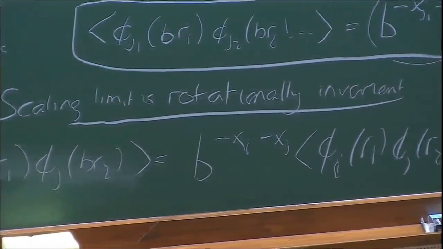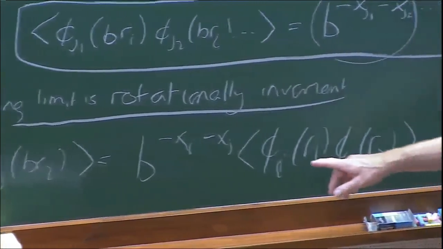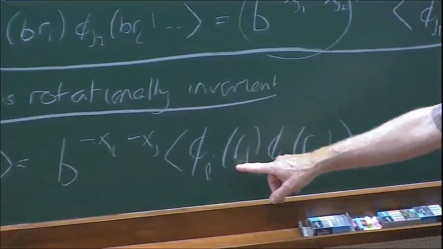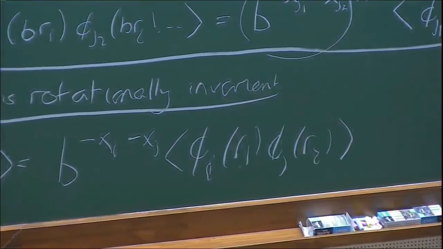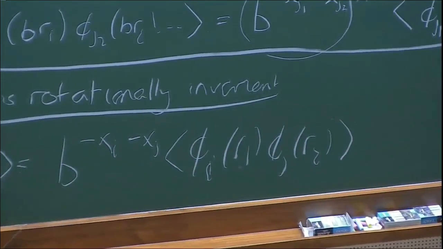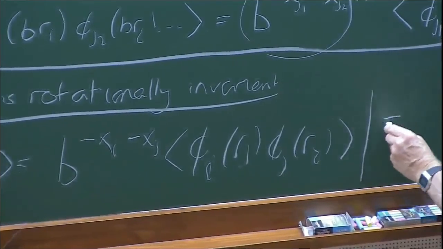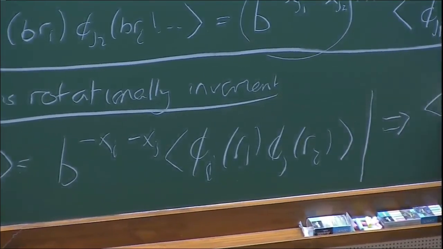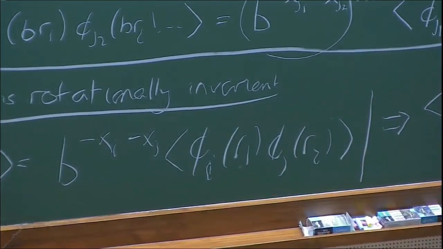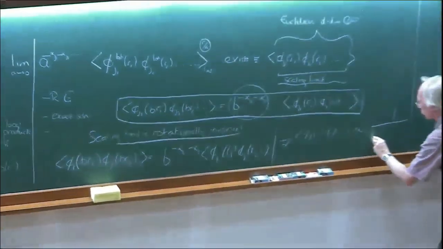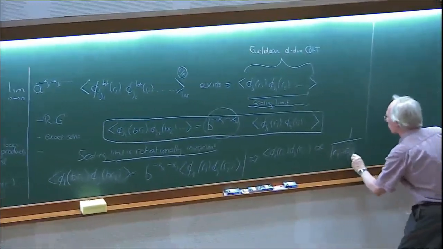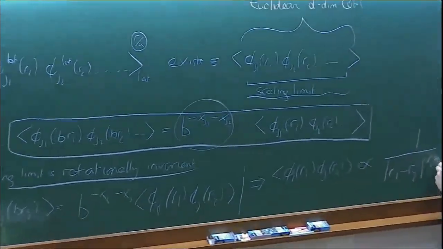Because of translational invariance, this is a function only of R1 minus R2, and by rotational invariance, it is therefore a function only of the distance. And this scale covariance then tells you that the two-point function phi I of R1, phi j of R2 is proportional to 1 over the distance |R1 minus R2| to the power xi plus xj.